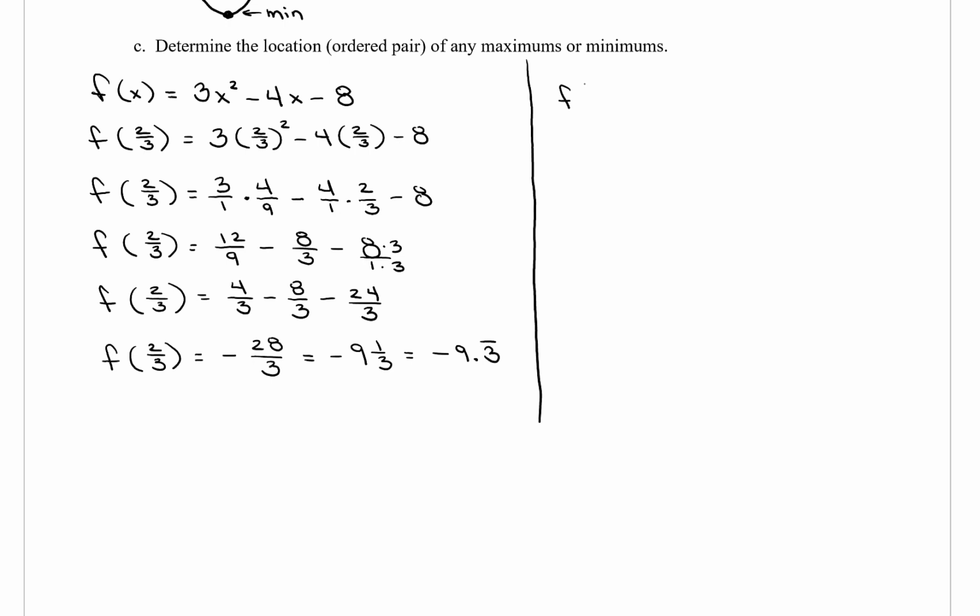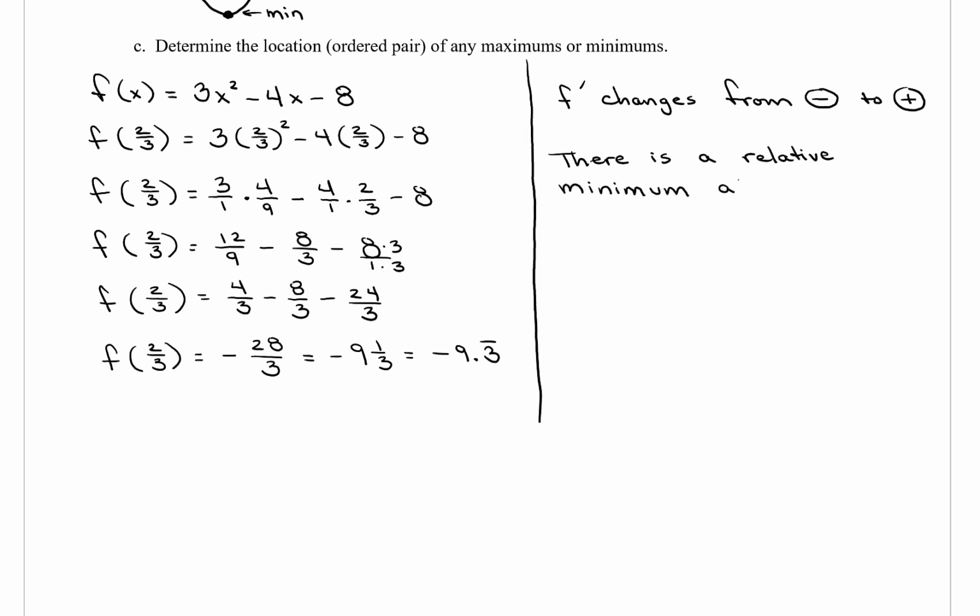I'm going to draw a vertical line segment to separate the work that I did here on the left-hand side from what I'm going to write down on the right-hand side of this vertical line segment. I'm going to write down f prime changes from negative to positive. There is a relative minimum at x equal to 2/3.